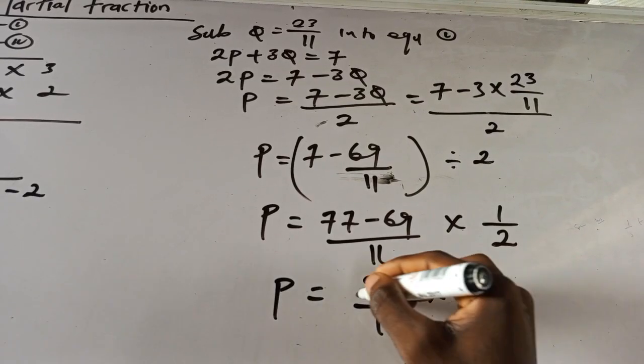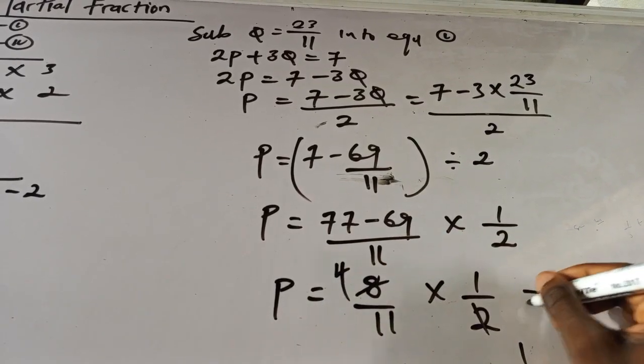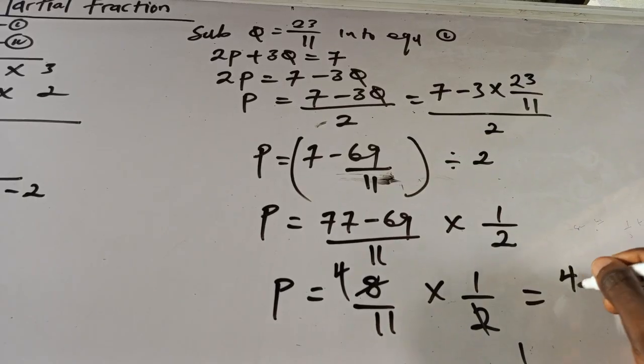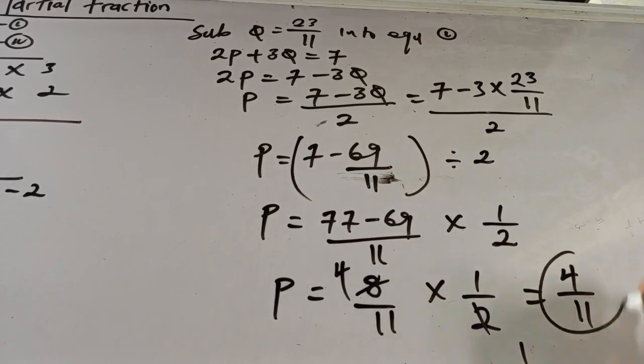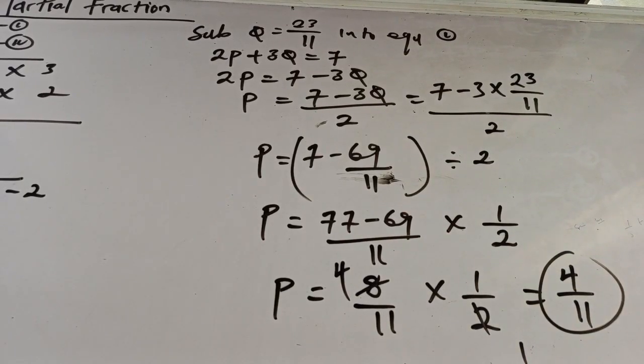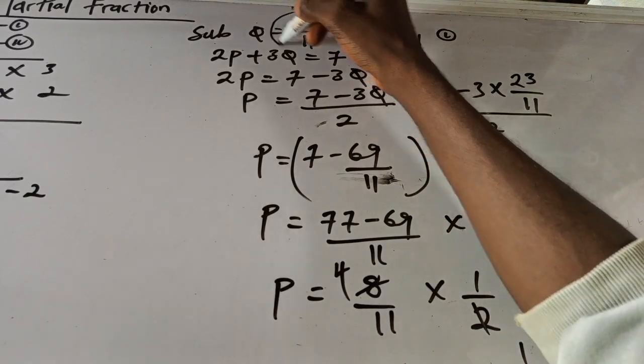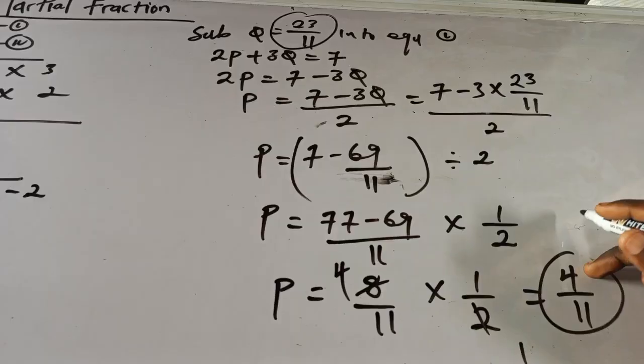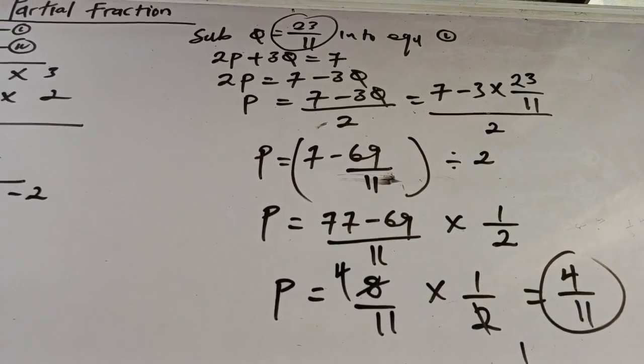So 2 here is 1, 2 here is 4. So this should be equals to 4 over 11 is my value of p. Alright, so I've gotten my value of p and my value of q. Let's see how we can complete everything. So we know that my value of q is 23 over 11 and my value of p is 4 over 11.